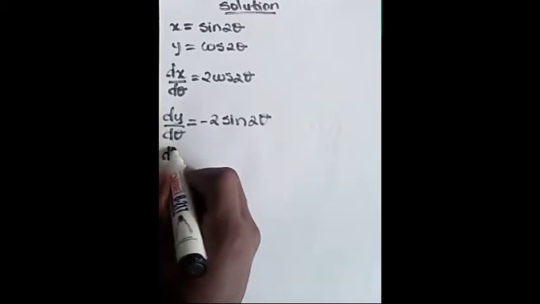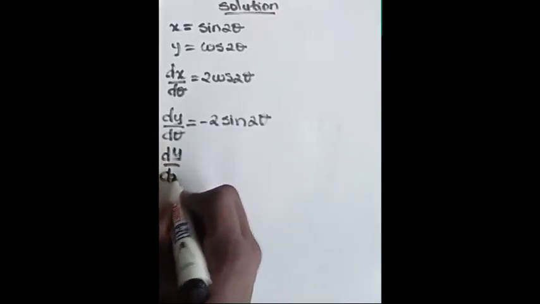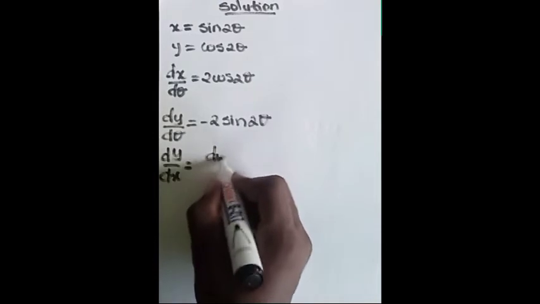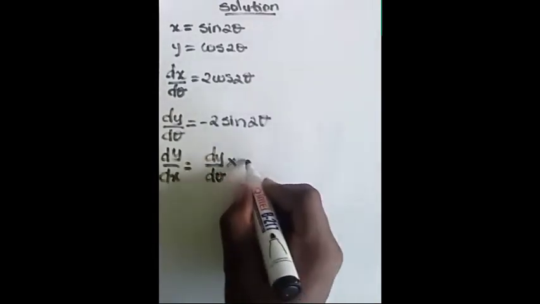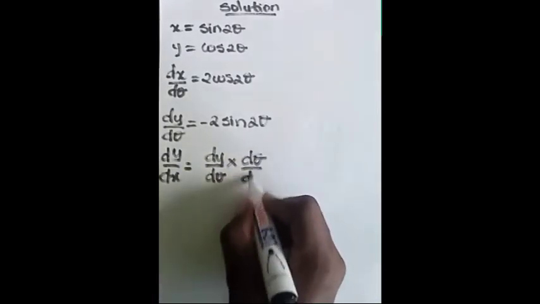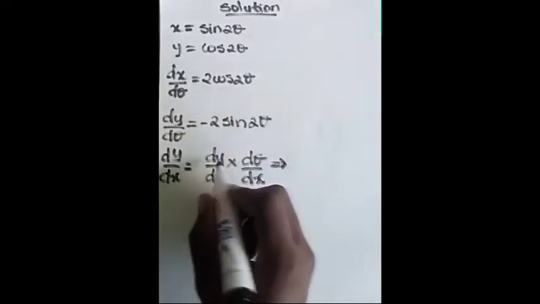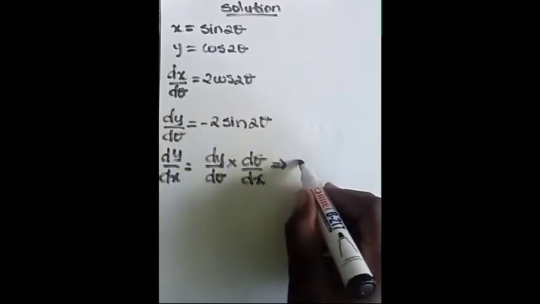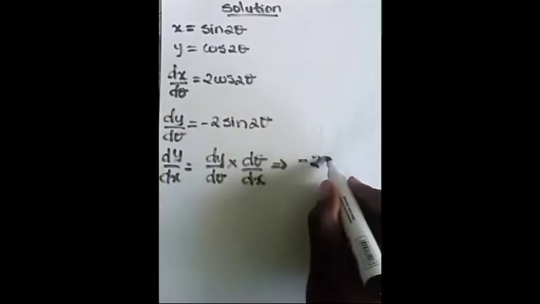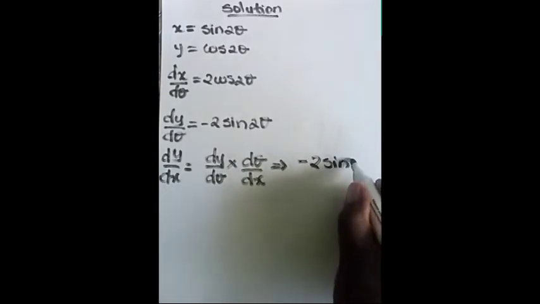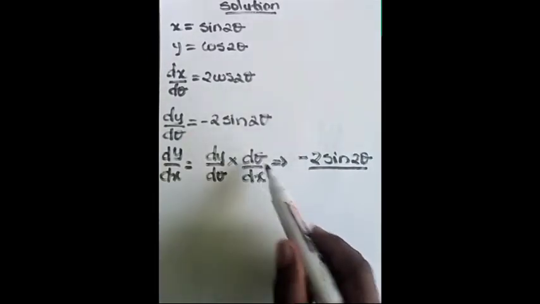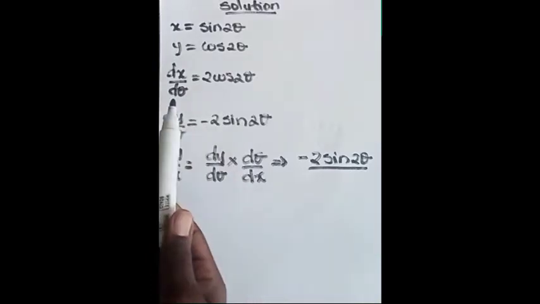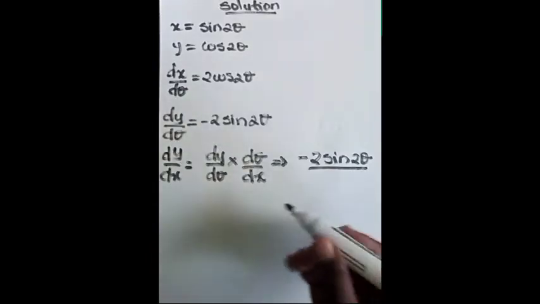Now my dy/dx is going to be equal to dy/dθ times dθ/dx, which implies dy/dθ is negative 2 sine 2 theta, all that over dx/dθ. Here we have dx/dθ, so we just reciprocate to have dθ/dx.